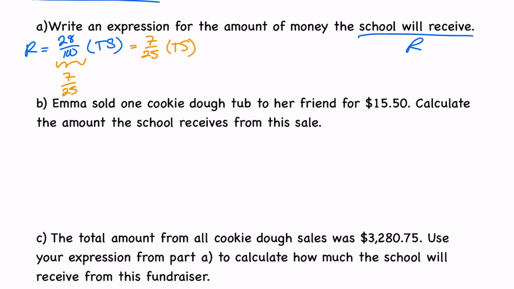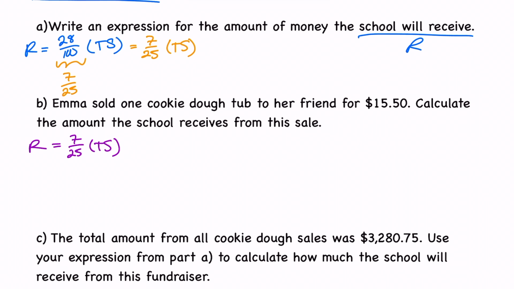Part B says Emma sold 1 cookie dough tub to her friend for $15.50. Calculate the amount the school receives from this sale. So let's go back to our equation. Our equation is R equals 7 over 25 times TS, where R is the amount the school receives and TS is the total money made from the sales.